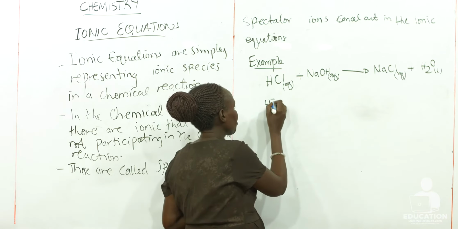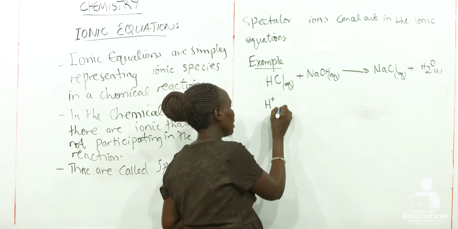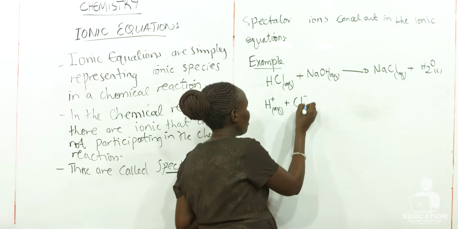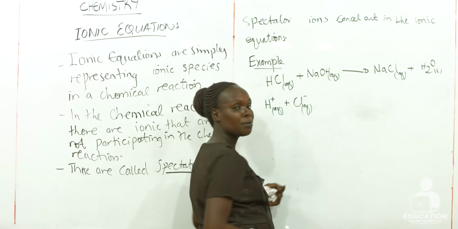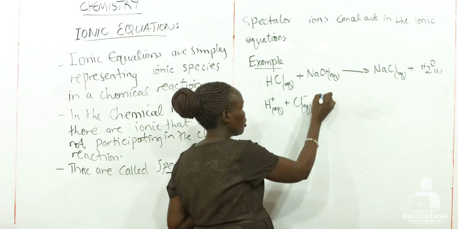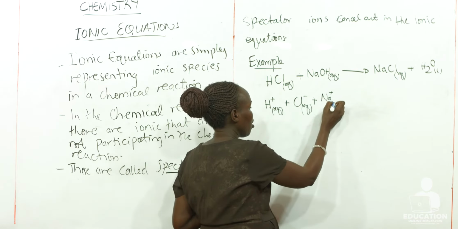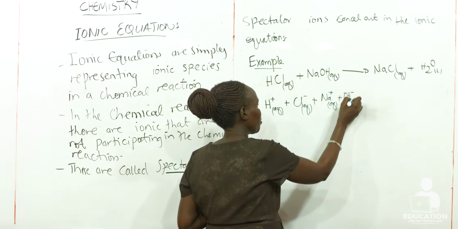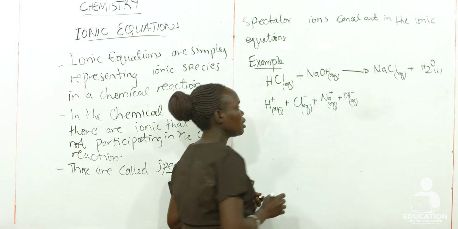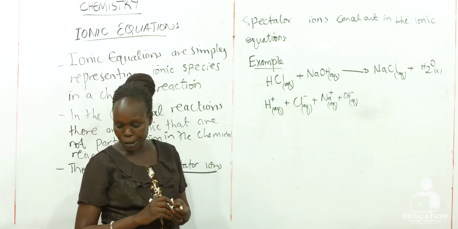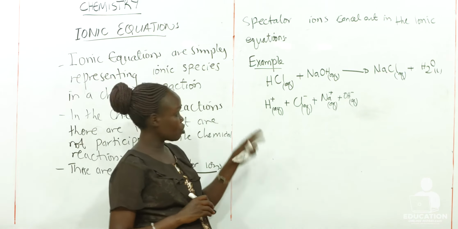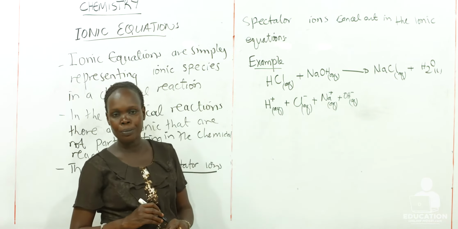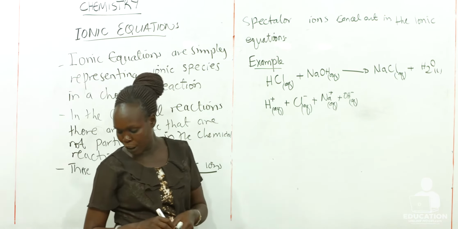So hydrogen ion, in this case a proton, plus chloride ion, which is an anion, plus sodium ion and hydroxide ion. These are the ions at the reactant side: sodium ion, hydroxide ion, chloride ion, and hydrogen as a proton with the positive sign.